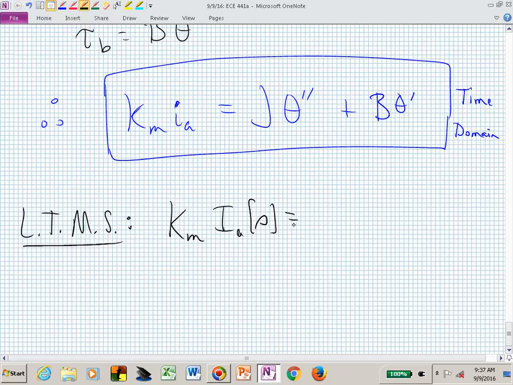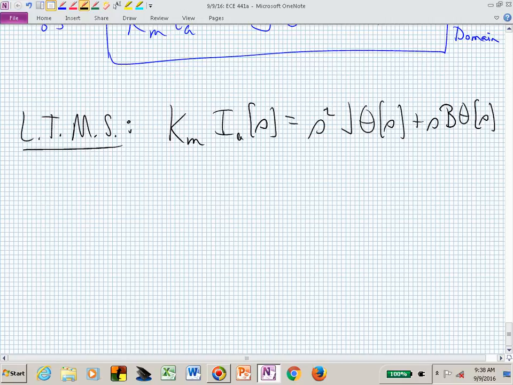And we're finished with the left-hand side. Now what do we do if we Laplace transform theta double prime? S squared. So we now have s squared J theta of s plus s b theta of s. And we want to find a transfer function in terms of voltage, V, and shaft angle theta.